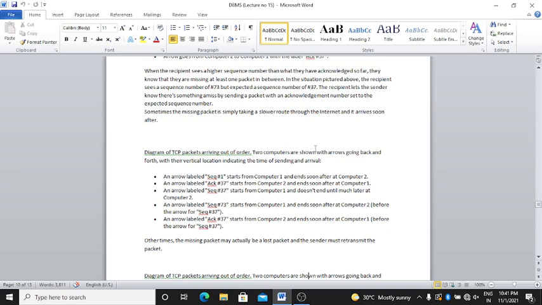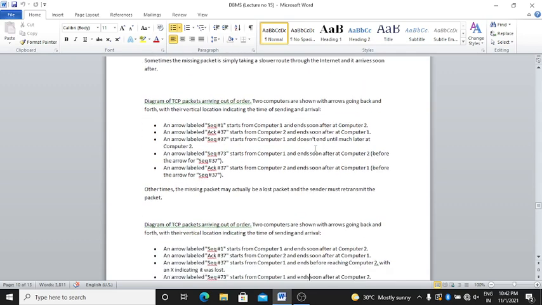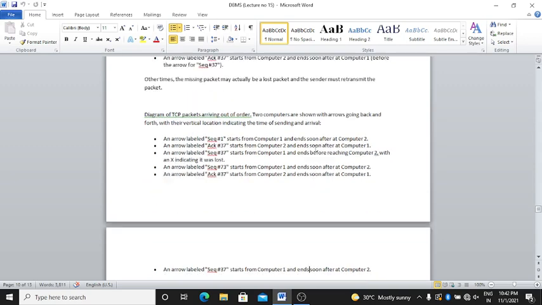An arrow labeled sequence 73 starts from computer 1 and ends soon after at computer 2. Before the arrow of sequence 37, an arrow labeled acknowledgement 37 starts from computer 2 and ends soon after at computer 1. Other times the missing packet may actually be lost and the sender must retransmit the packet.